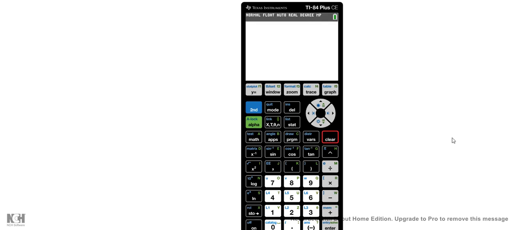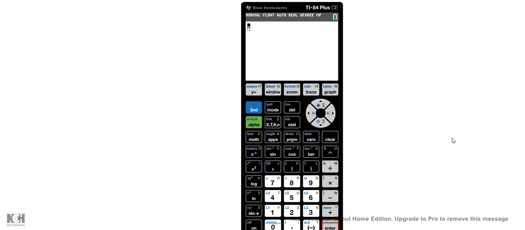So here we are at our TI-84 Plus calculator. I need to put in that fraction of 5 divided by tangent of 40. So first thing I need is a fraction bar. Hit alpha, y, and I just hit enter because that's the box I want.